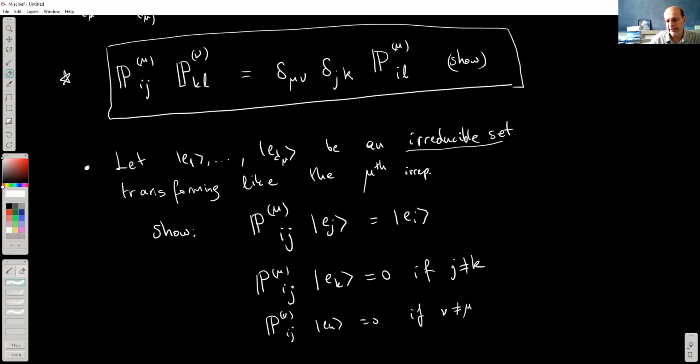So if you think about these P operators acting on vectors of an irreducible set, the result is almost always 0. The exception is when they belong to the same representation and these two indices are the same, in which case this P operator basically converts.